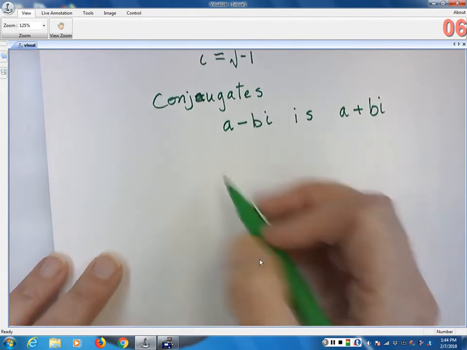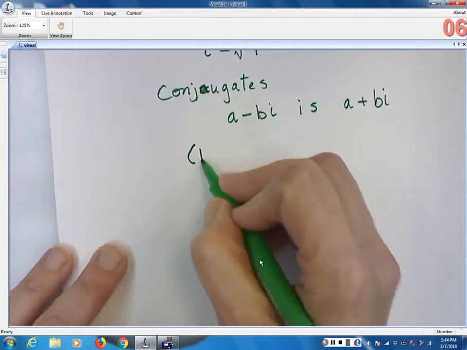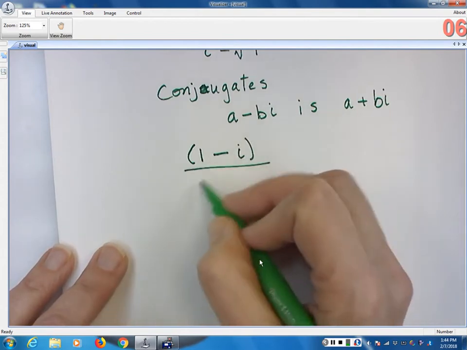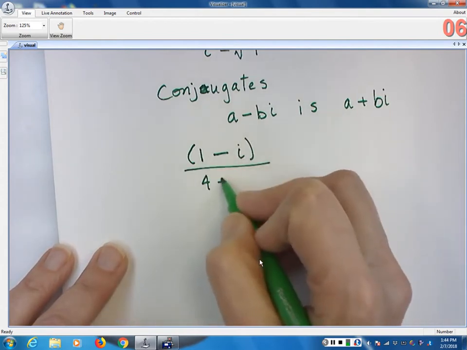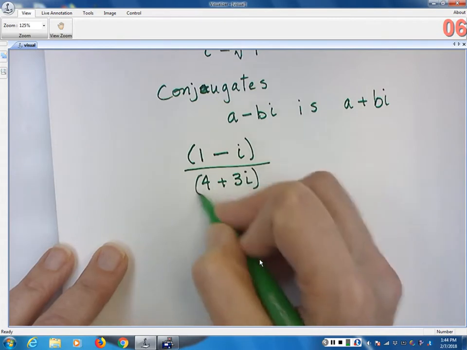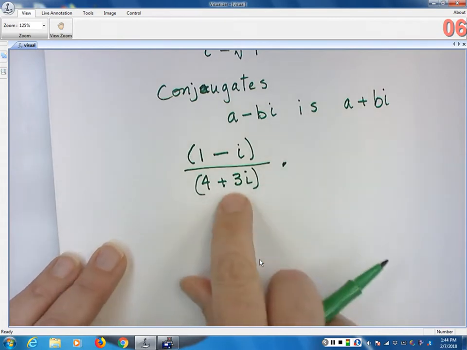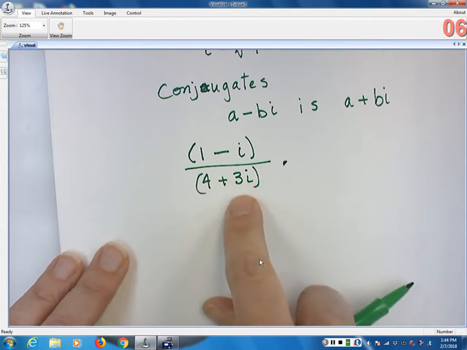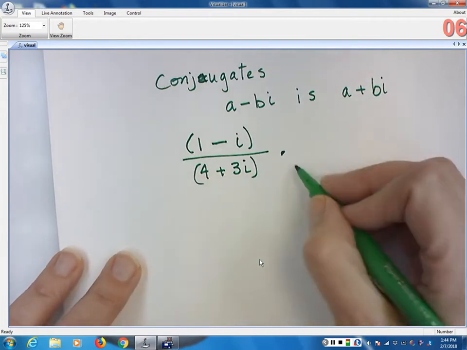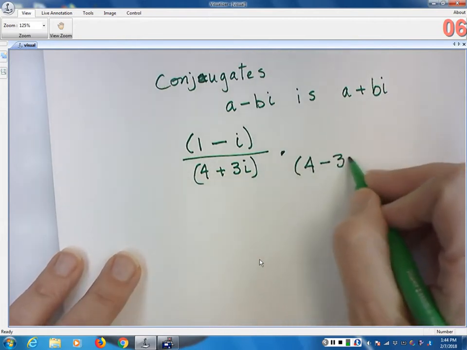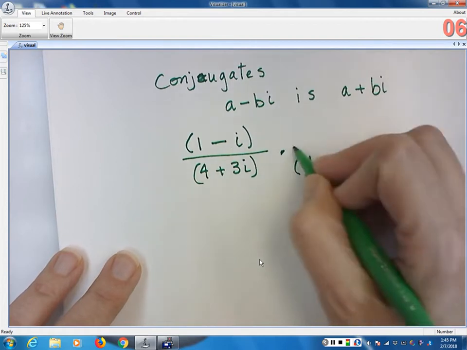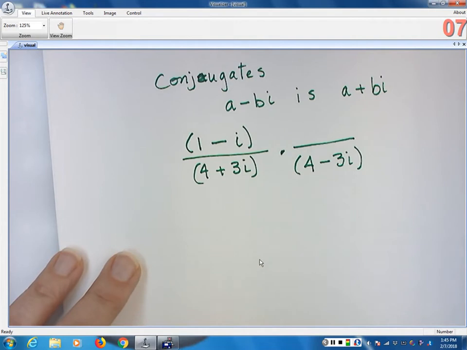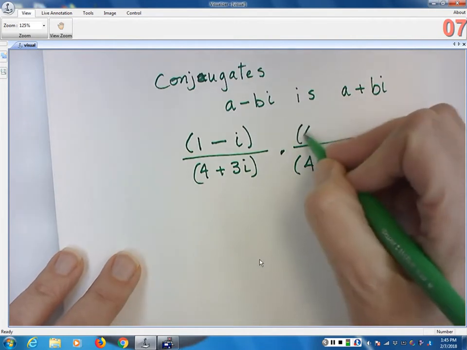If you're trying to divide 1 minus i divided by 4 plus 3i, to get a real number down here, you multiply by the complex conjugate of this. So you have to multiply by 4 minus 3i. Since you're multiplying the bottom by that, you're just changing the look of the fraction, so you have to multiply the top by it.